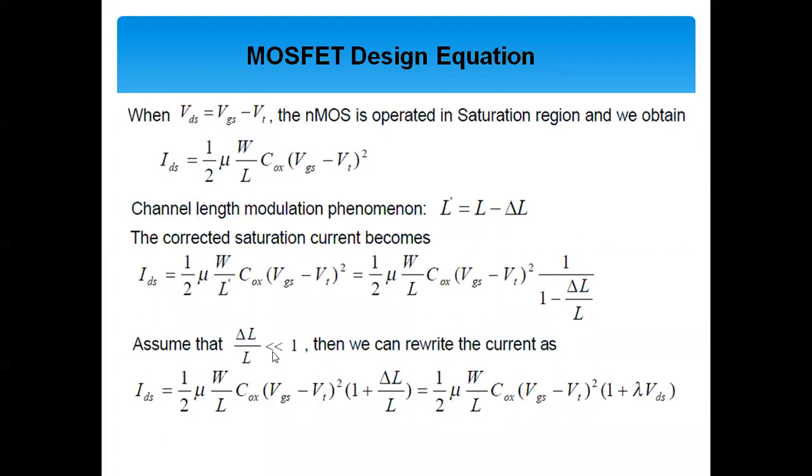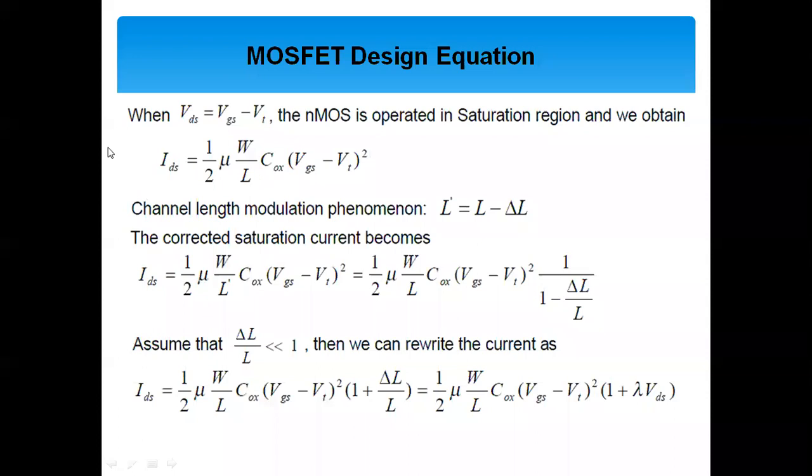Mu is the mobility of electrons. W is the width of the channel, L is the length of the channel, Cox is nothing but the gate capacitance or MOS capacitance, VGS is the gate to source voltage, and VT is the threshold voltage.